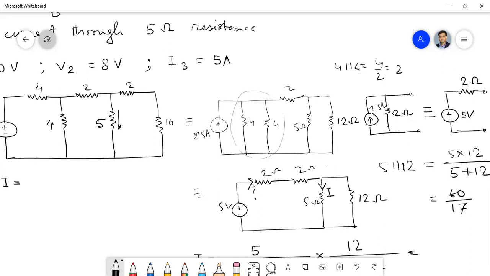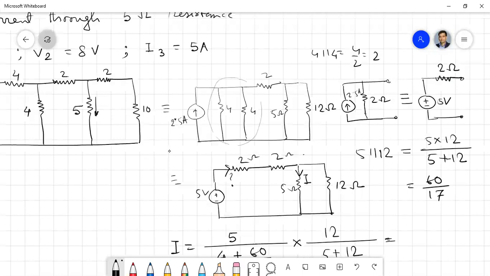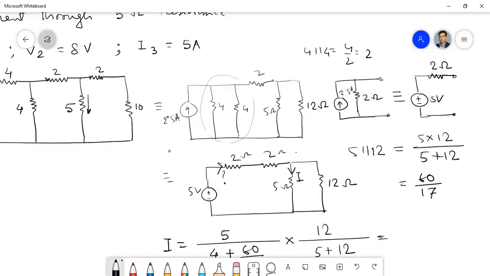Sir, if the current source and the resistance was in series, then how it would have been? No, here we don't have that issue, na? We are not facing that issue. If we have that issue, then we have to tackle it in a different way. Here we have the option to convert the voltage source into current source and current source into voltage source.